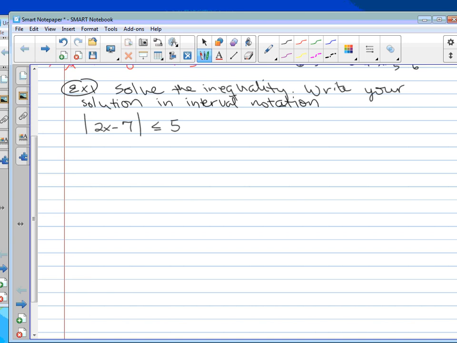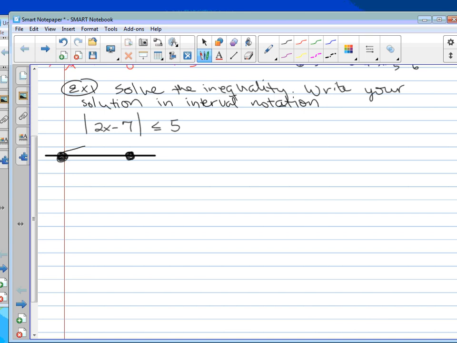Now, here's the deal. You need to remember what we just talked about as far as the setup goes. When it's less than a positive number, you already know what it's going to look like, right? You know right away your final answer is going to be stuck inside two different numbers.